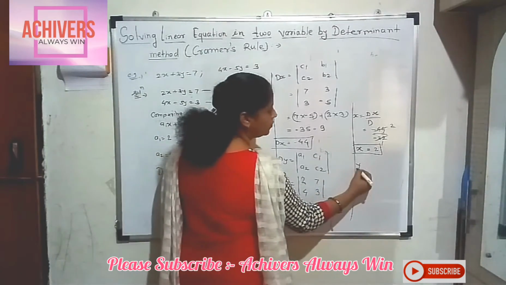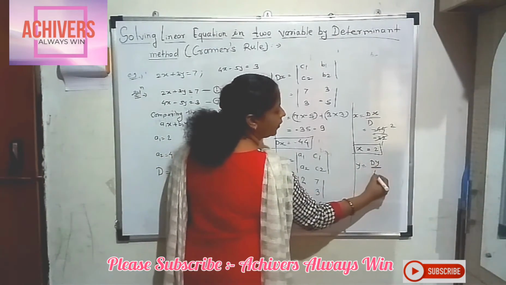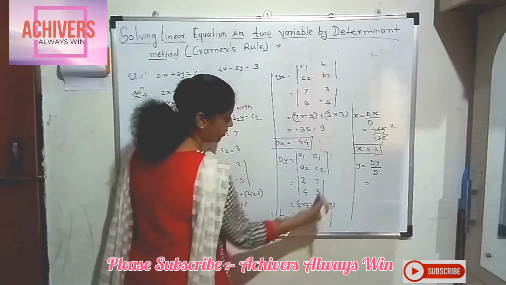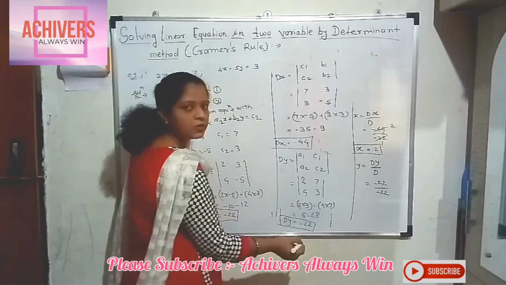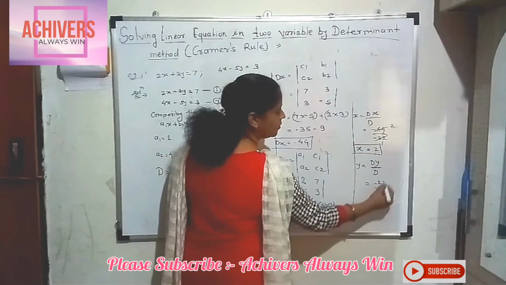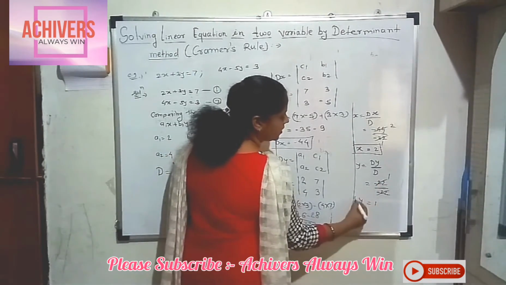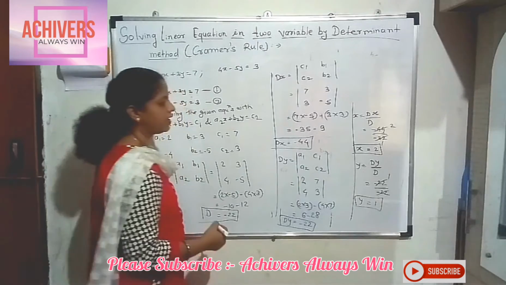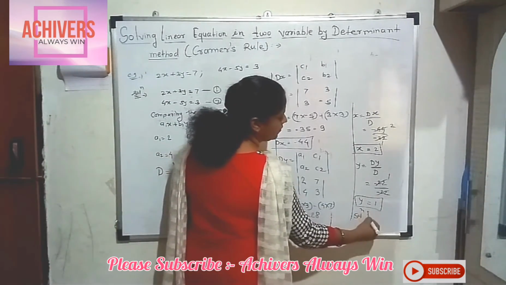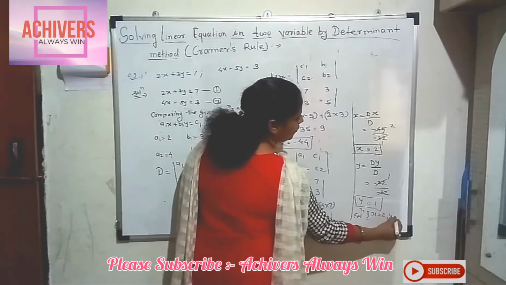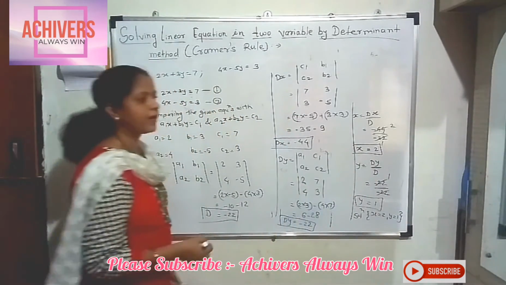Y is equal to dy upon D. dy is minus 22 and the value of D is also minus 22. Minus minus division gives plus. 22 ones are 22. Y is equal to 1. We get x is equal to 2, y is equal to 1. Right solution, x is equal to 2, y is equal to 1. That is our final answer.